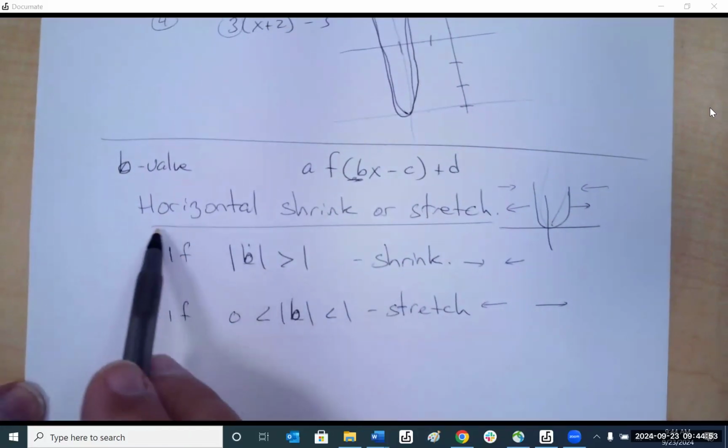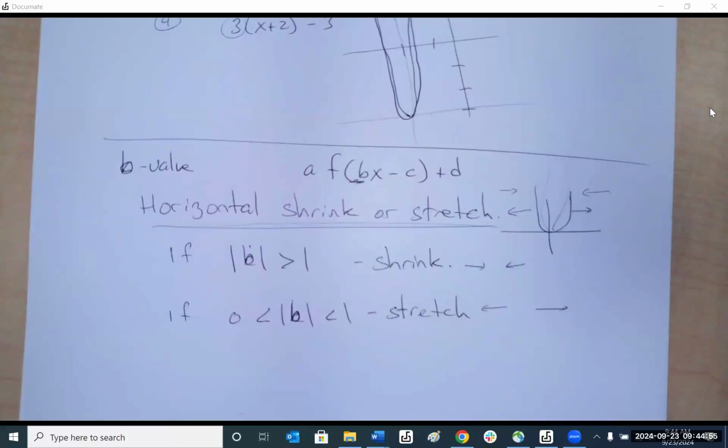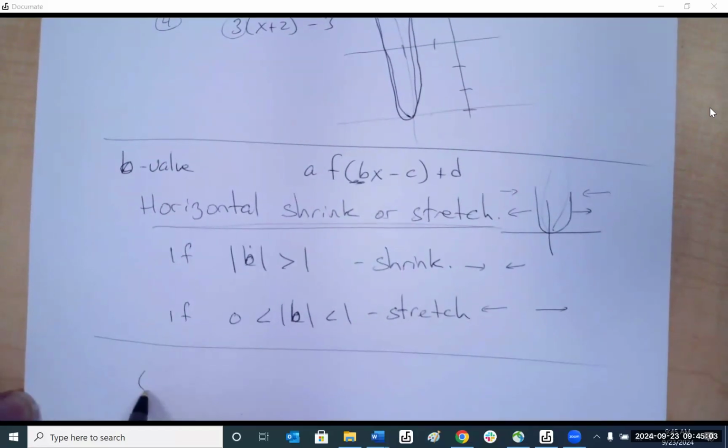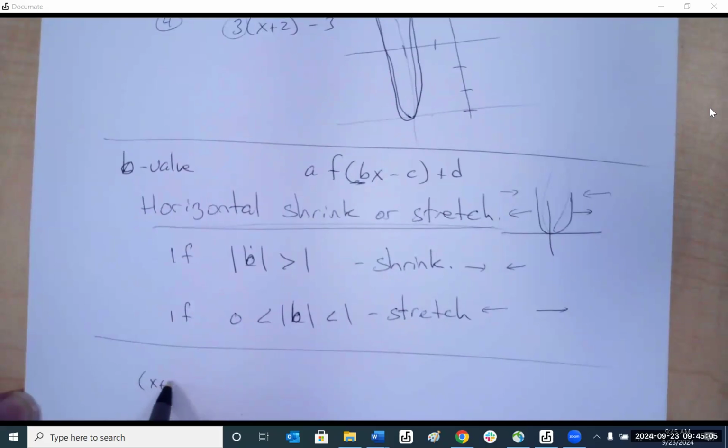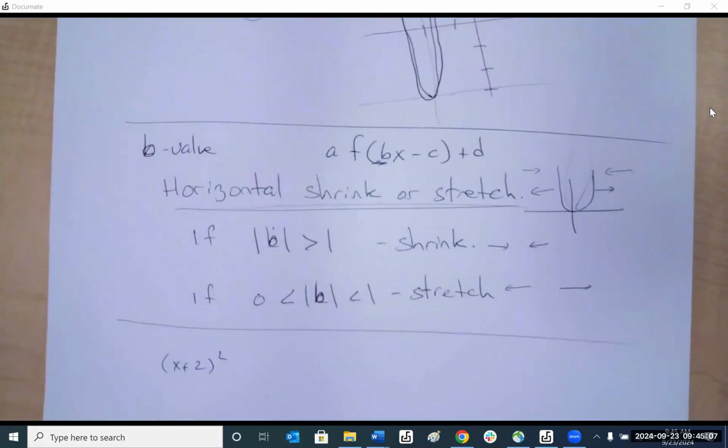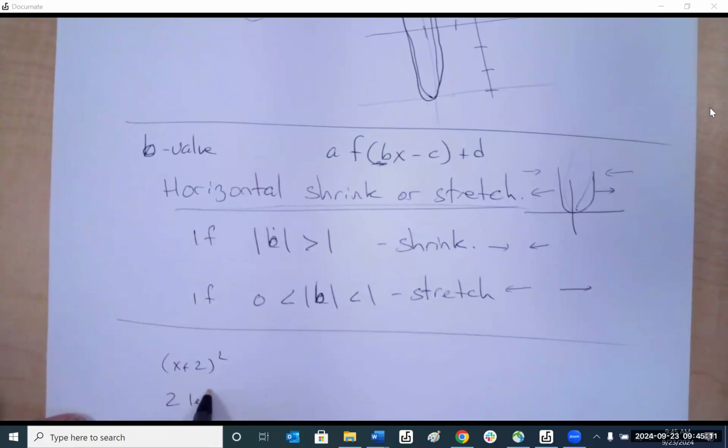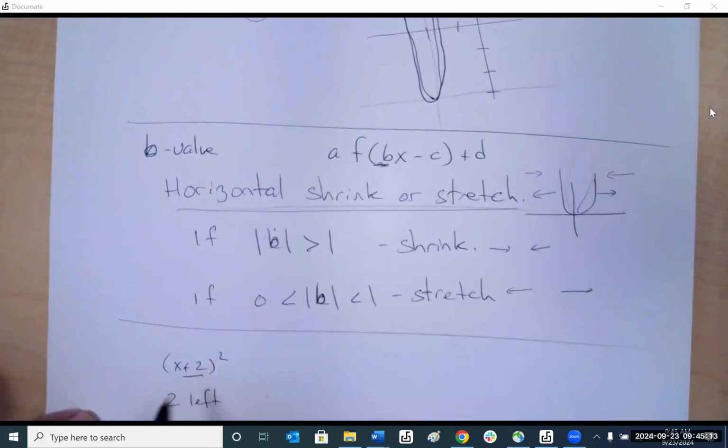Just think this way. Remember, in horizontal, everything's always opposite. Remember when we did (x plus 2) squared, what's the horizontal shift there? To the left, because it's the opposite of that.